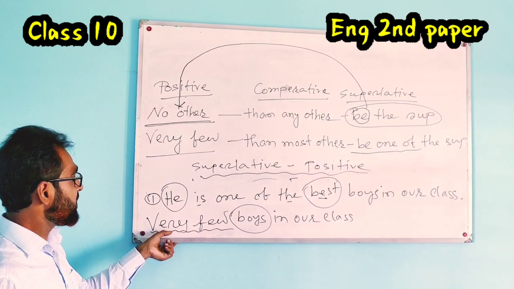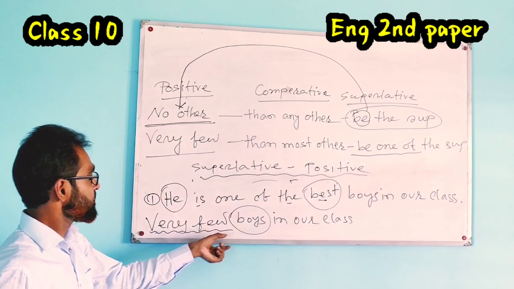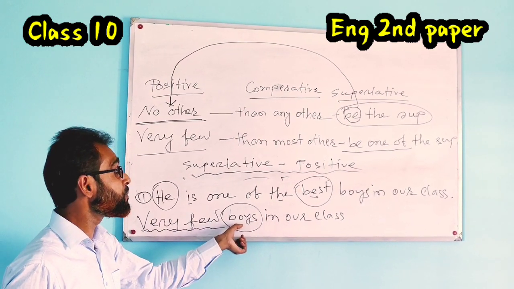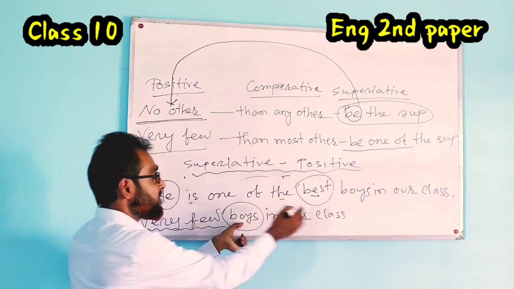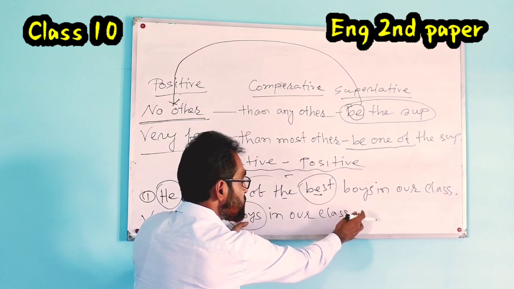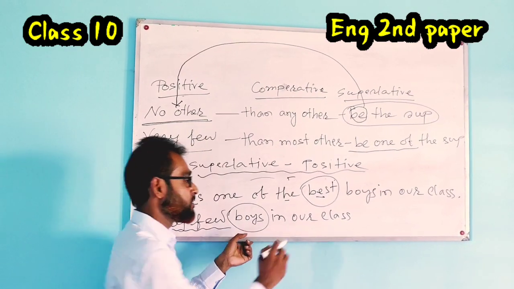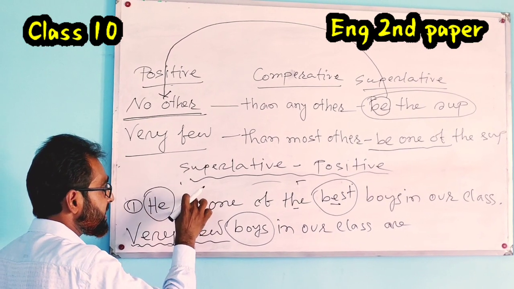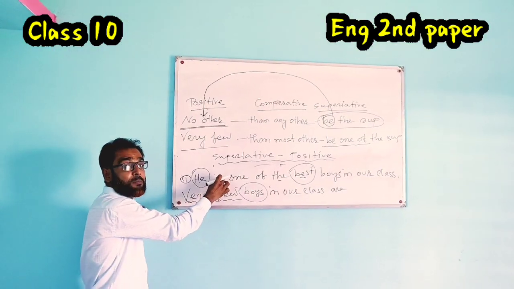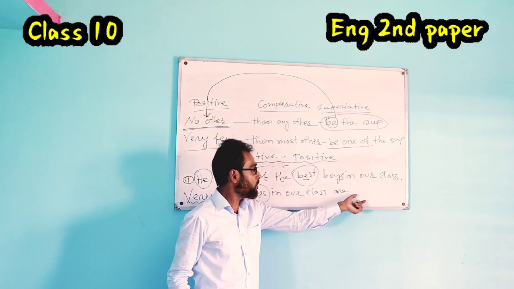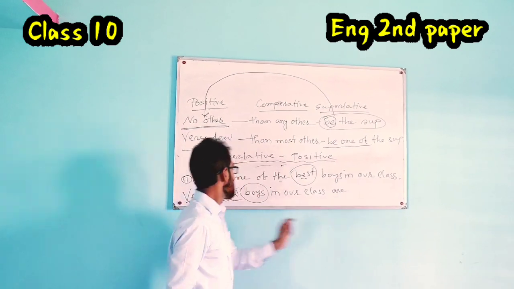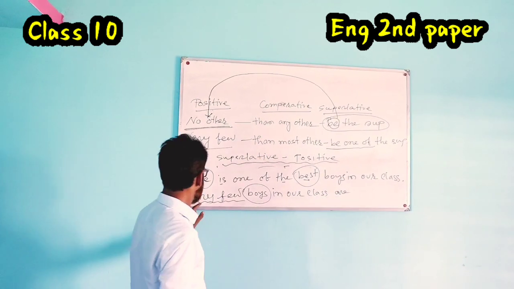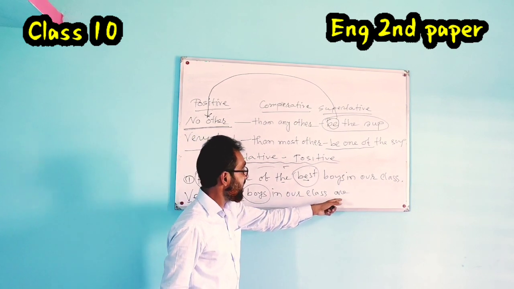Starting any sentence with very few, after that the noun will be plural. So boys here is plural. Now a singular verb is not allowed here. We have to use a plural verb. So are. If we get was in past tense, then we have to use were, but here, for is, we need are. Very few boys in our class are.